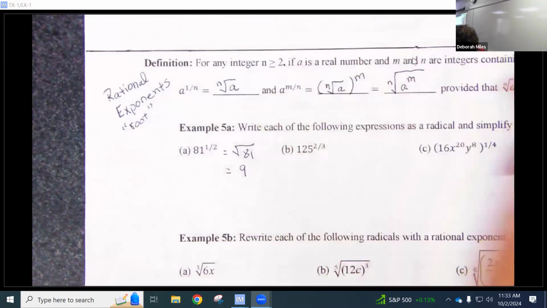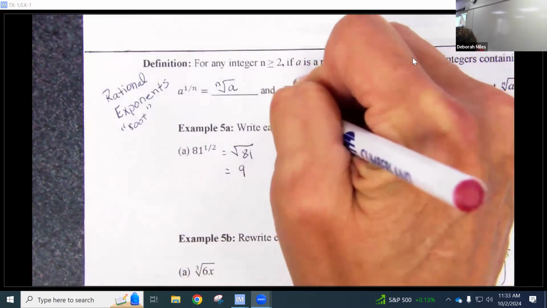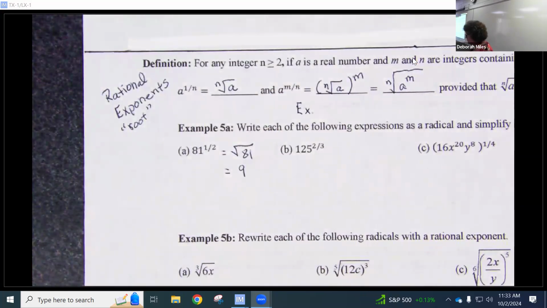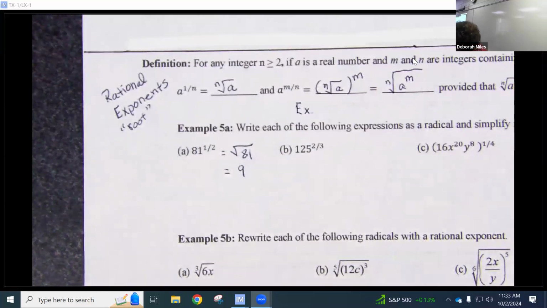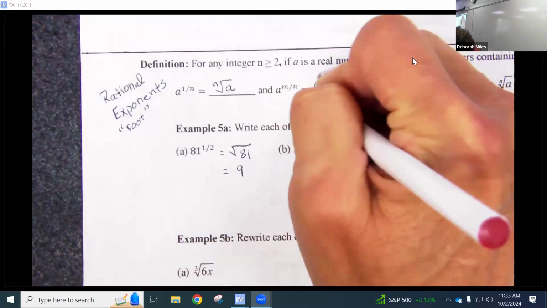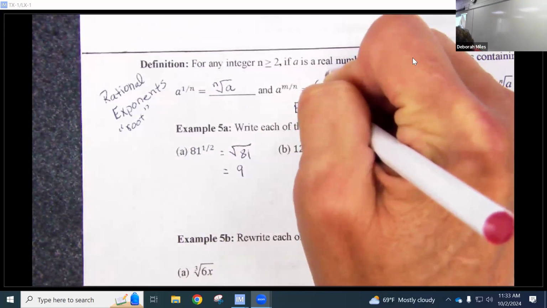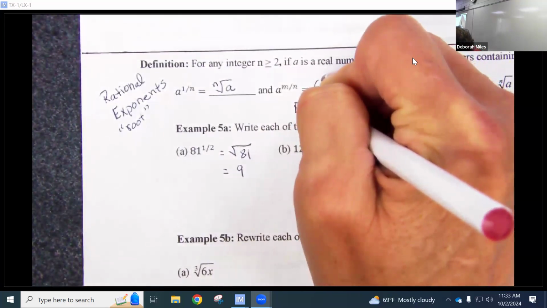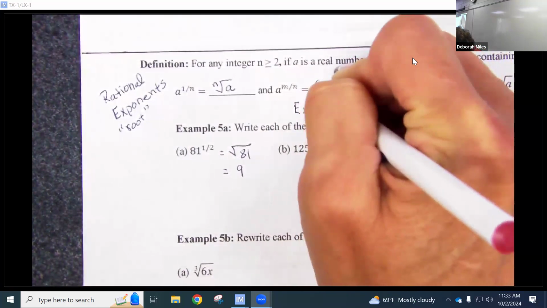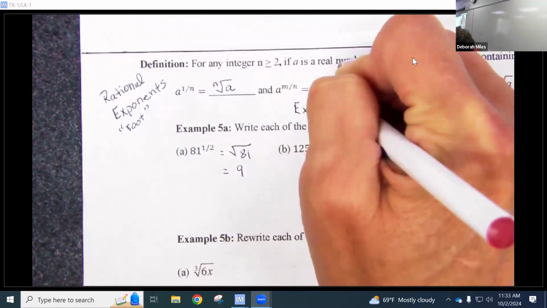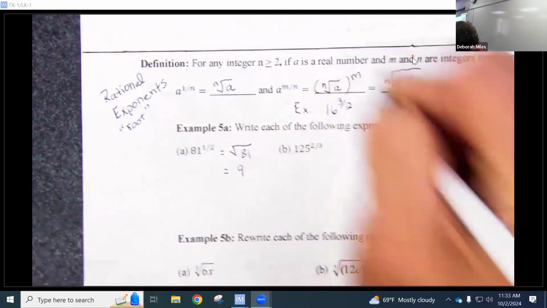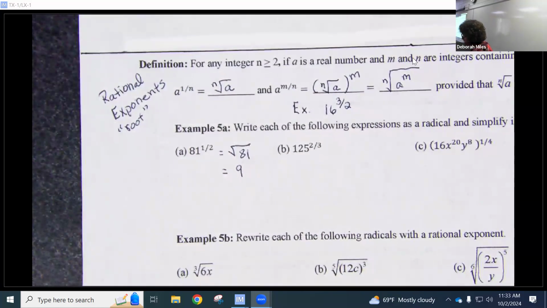Let me just add an example. If I say 16 to the 3/2, what would that be with a radical? What root are we taking?